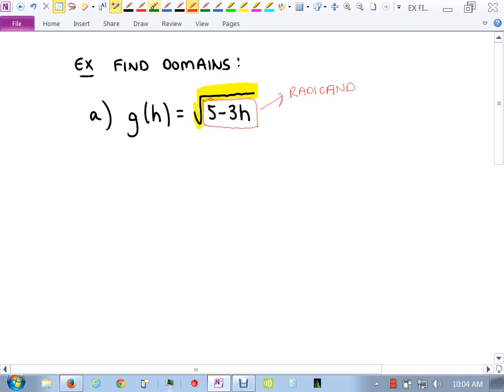What we need to make sure is that the radicand is bigger than or equal to 0. Agreed? As long as that's true, then we should be able to take the square root of it. And that right there is called a linear inequality.